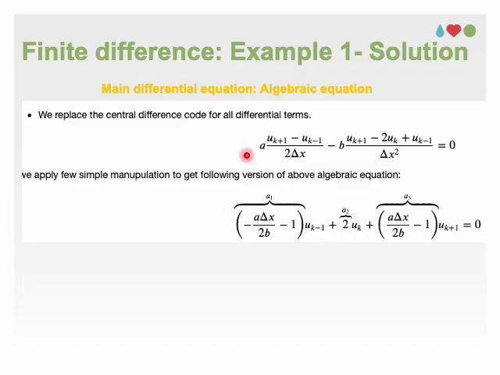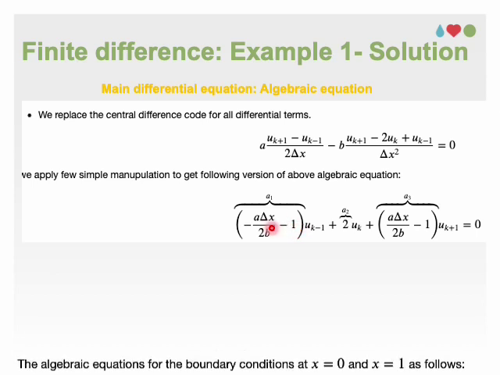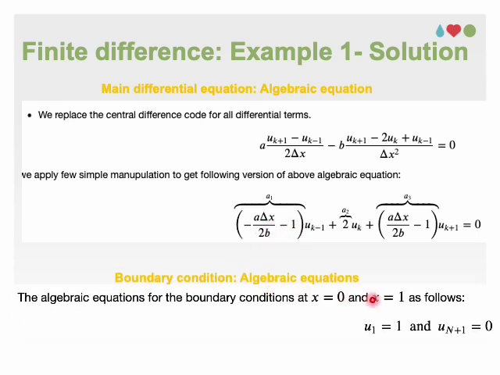We use central difference approximations for both du/dx and d squared u/dx squared and replace the finite difference equations onto the differential equation and its boundary conditions. After some mathematical arrangements, we obtain this algebraic equation for the main differential equation. From boundary conditions, we obtain the algebraic equations as follows.